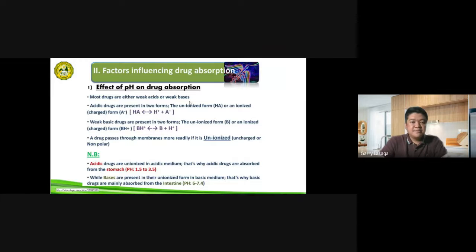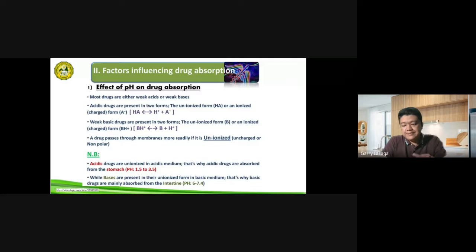So when we say weak acid or weak base, when we put that particular weak acid in a solution, the dissociation of that particular compound is not that complete, as compared to, for example, a strong acid or a strong base.